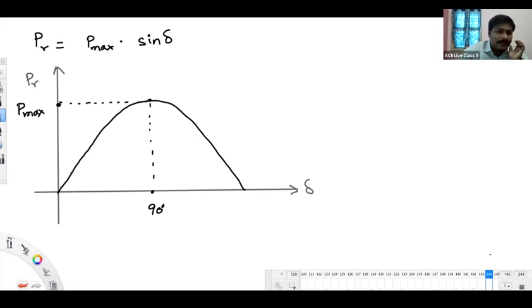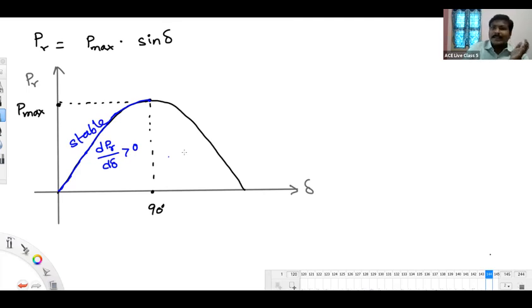In this zone, you can observe that dPr by d delta is positive, and we can say the system is stable in that zone.